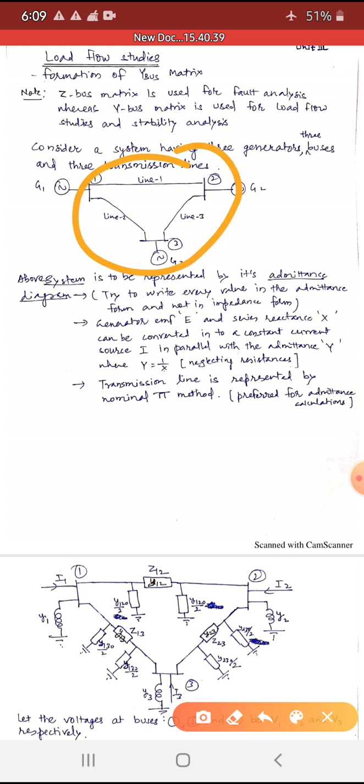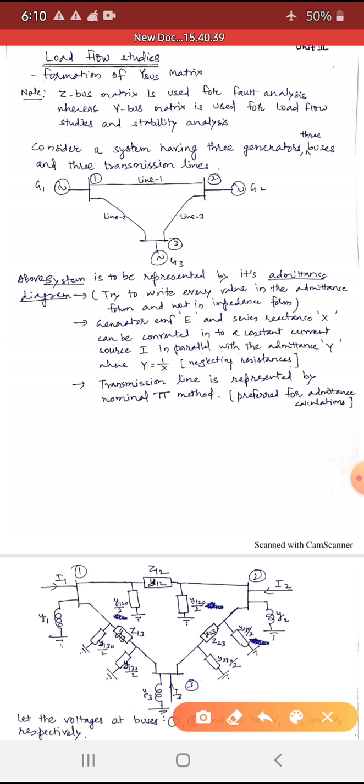admittance diagram. So for that, what we do, the generator with EMF E and series impedance, suppose ZS, is represented by a constant current source and admittance in parallel. So for every generator we do the same. We represent the EMF by a constant current source.